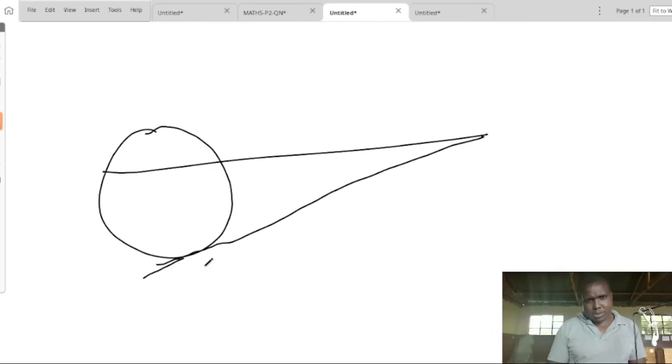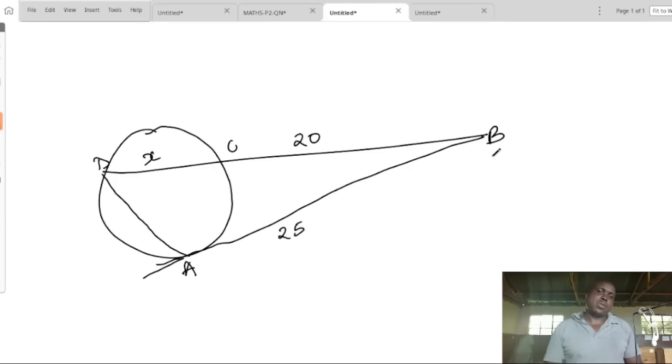In this case, we will have A, B, C, D. This is X, this is 20, and this one is 25. AB is 25, DC is X and CB is this.